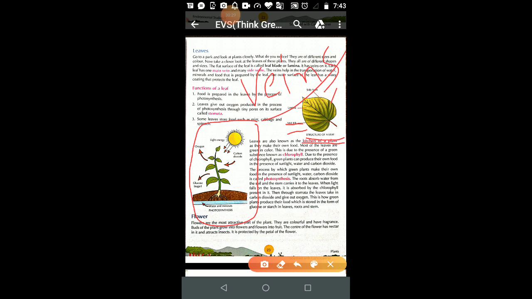These minerals, or you can say nutrients, are present in the soil, and they dissolve in the water, and that is absorbed by the root, and transported to the stem, and from the stem these water and minerals are transported to all parts of the leaves.